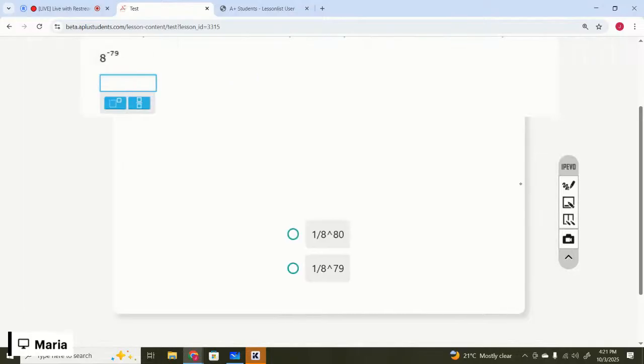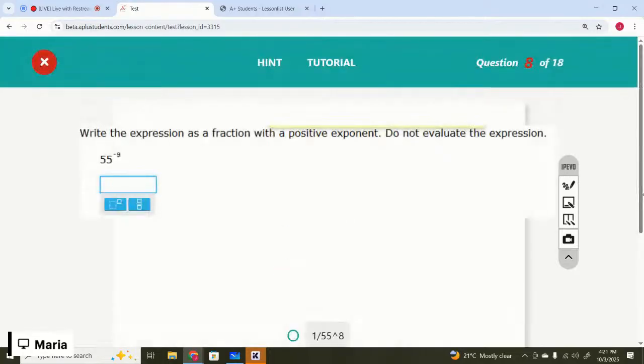Option number 2 is the correct option. 8 exponent negative 79, so it would be 1 over 8 exponent 79. Okay, you can complete the lesson by yourself later today. Let me just move on to the next lesson.